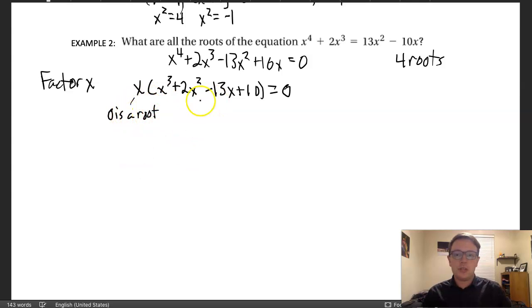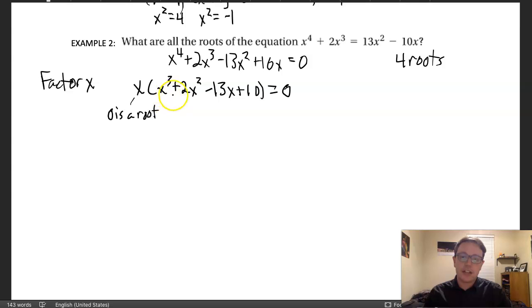Now, what tool should we use next to solve for x cubed plus 2x squared minus 13x plus 10? The correct answers here are either graphing or rational root theorem. Let's use rational root theorem here.